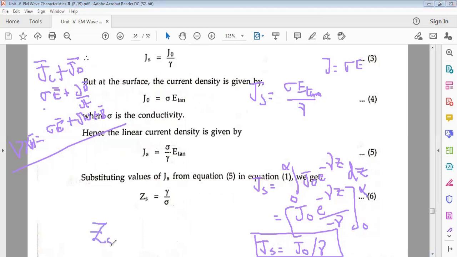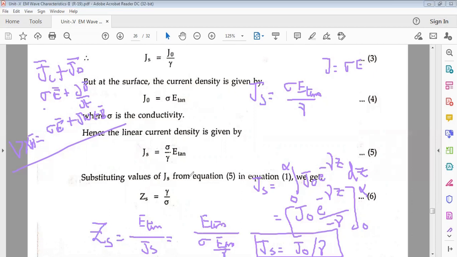Zs is equal to the ratio of the tangential component E tan by Js. What is the Js? We got Js is sigma E tan by gamma.